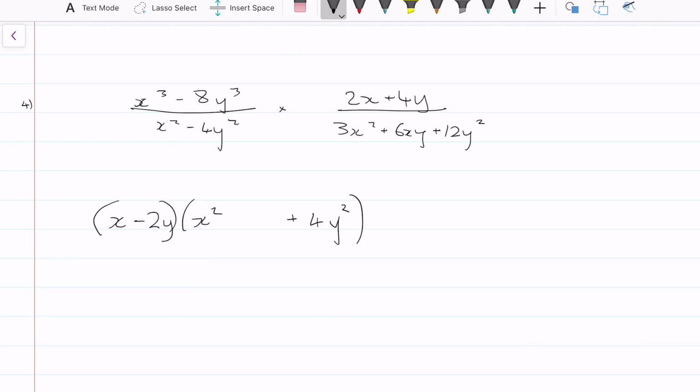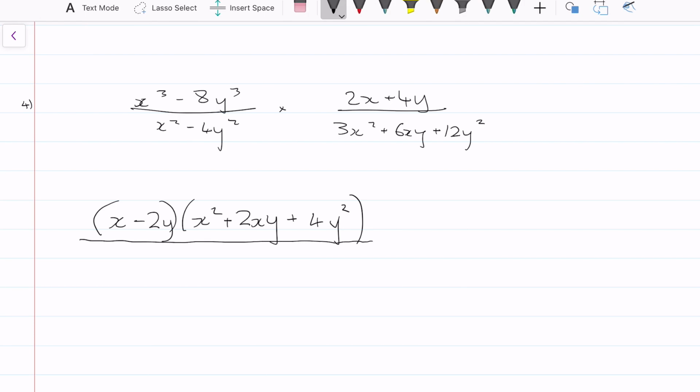Okay, so I'm going to get a minus 2x squared y, so I'm going to need a positive 2x squared y to cancel that out, and so in the middle I'm going to need a 2xy. Okay, if you're not sure how I got there, please go and just revise your factorizing.